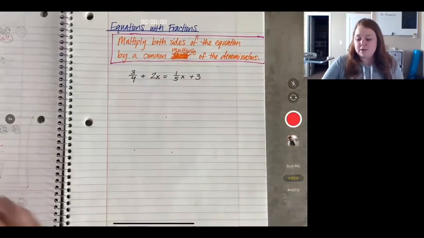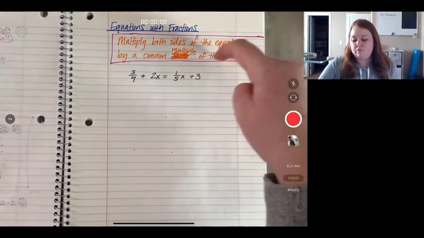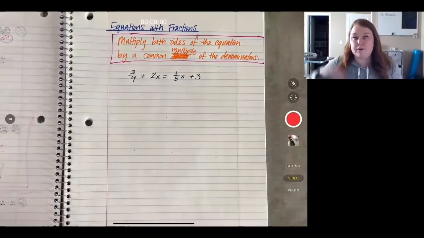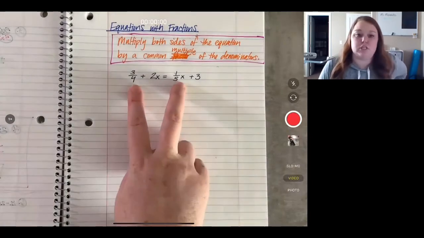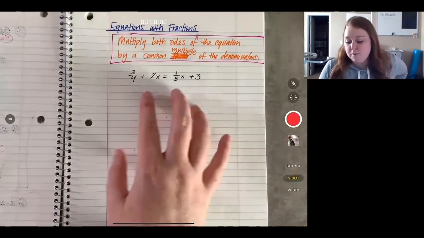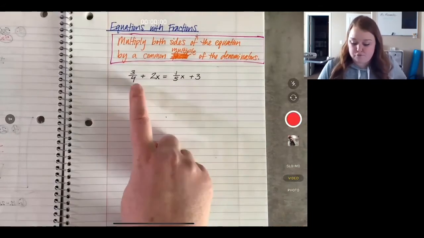Okay, so it says I multiply both sides by a common multiple of the denominators. Well, denominators, we know that vocab word. Numerators on top, denominators on the bottom. So you only got 2 fractions in here. Sometimes they all might be fractions or just one of them, but we got 2 fractions. And what are your denominators? Denominators are 4 and 5.